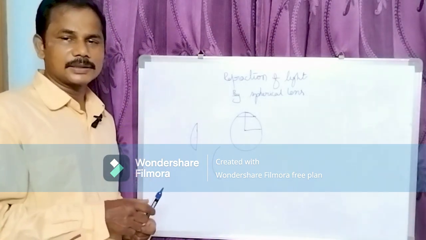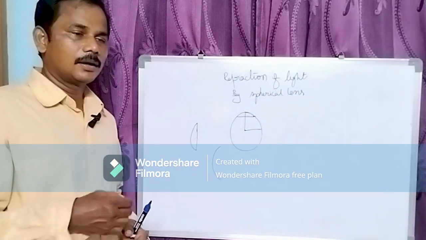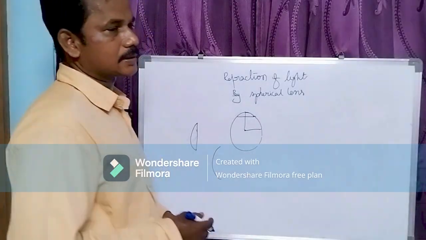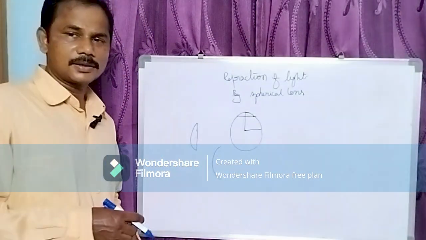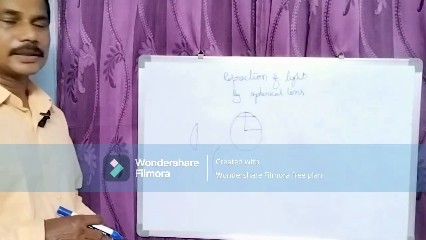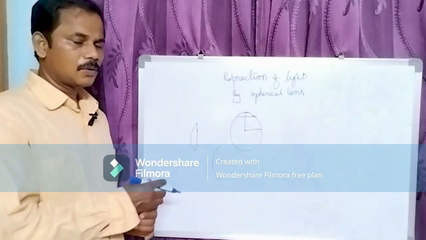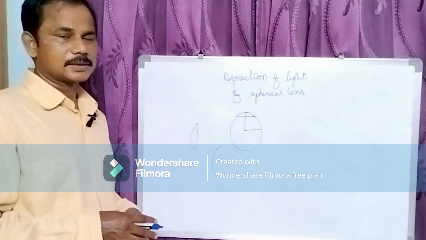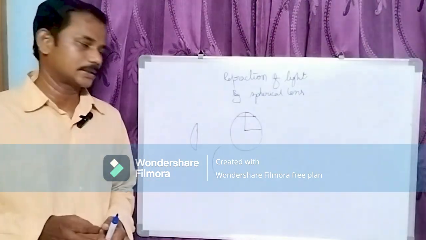Thickness is very high at the center and the edges are thin. Likewise, for concave lens, thickness is less at the center and at the edges thickness is high. Now we deal with double convex and double concave lens.